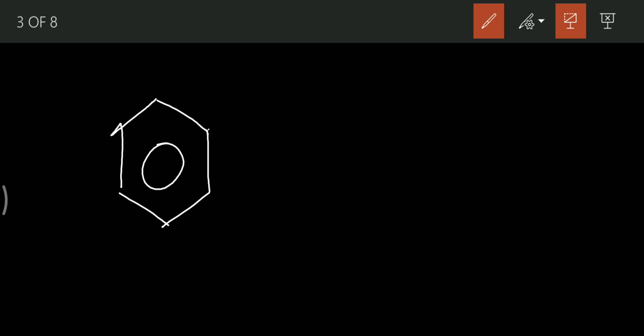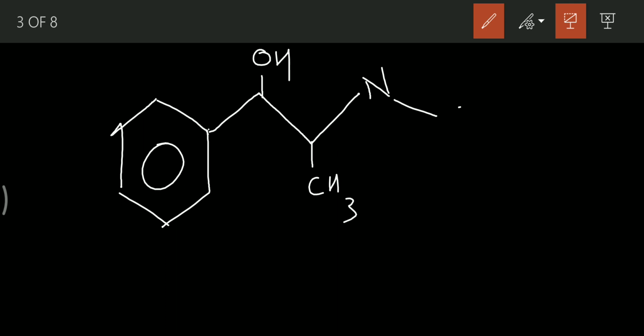Attach 1 carbon of benzene to a stick which looks like the alphabet N. So it is like writing N. And attach that stick to the actual atom N, that is nitrogen. And here you can substitute OH, here you can put CH3, and here you know that it is CH3 and here there will be another hydrogen atom. So this is the stick structure of ephedrine.